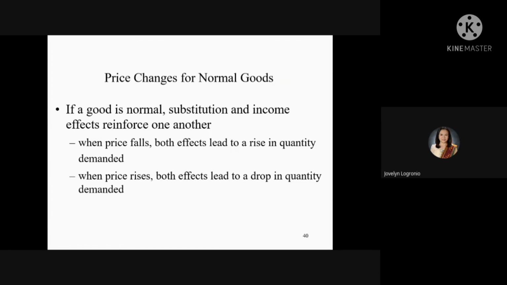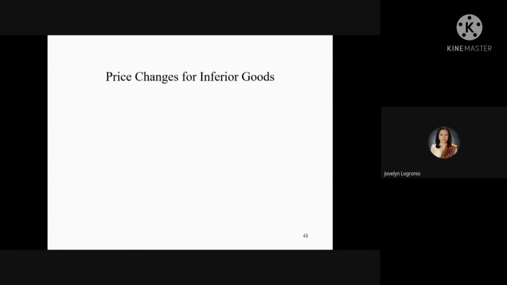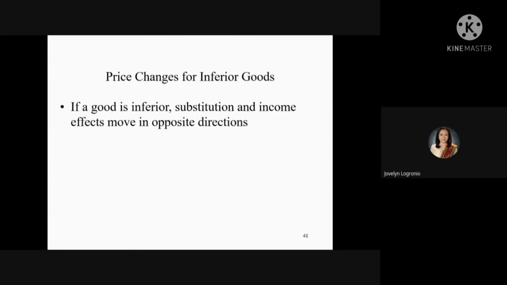What about if the good is not a normal good? If a good is inferior, then substitution and income effects move in opposite directions. So by substitution effect, the quantity of good X increases, and by income effect, the quantity of good X decreases. So the directions are opposite.